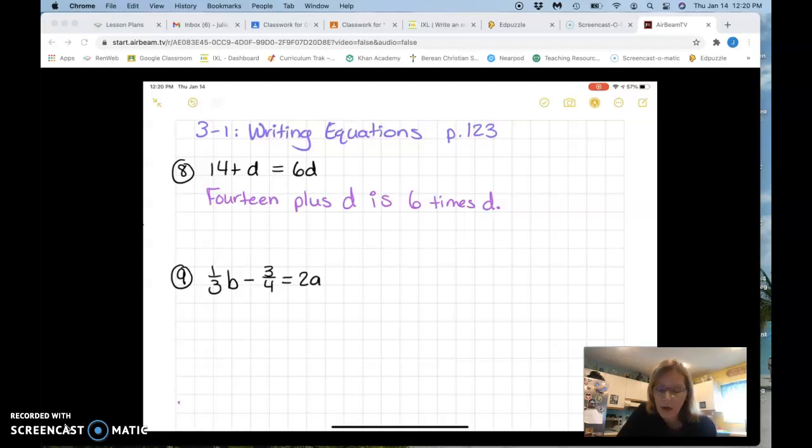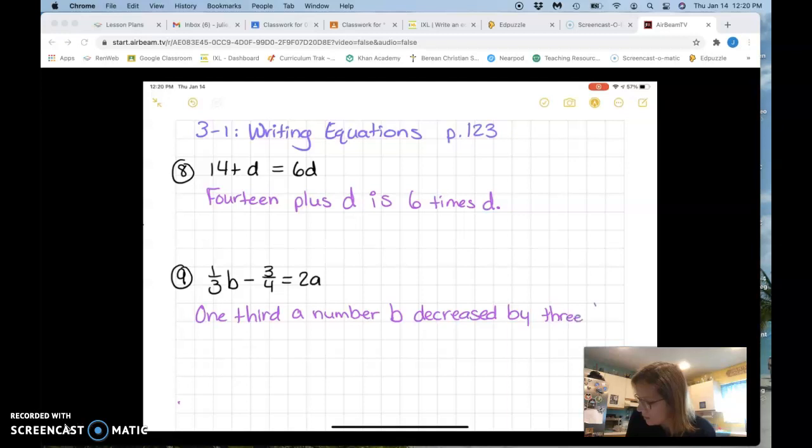And so for number 9, I could say 1/3 a number b decreased by 3/4 is 2 times a number a.